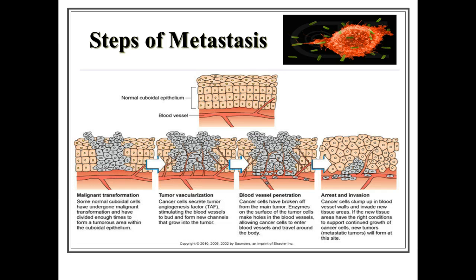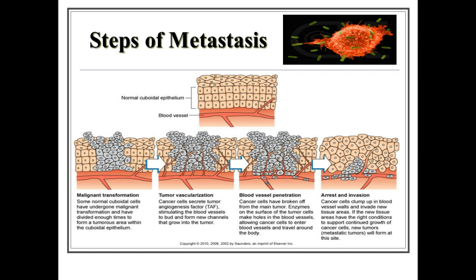What happens is you have what they call neoplastic cells, and they originate from normal cells. When they have that malignant transformation, which is one of the first steps, some of those normal cells in that tissue undergo that transformation and start dividing. Then the cancer cells secrete tumor angiogenesis factor, TAF, which stimulates the blood vessels.